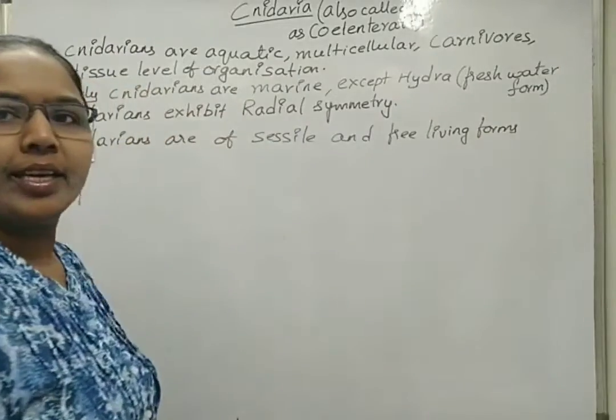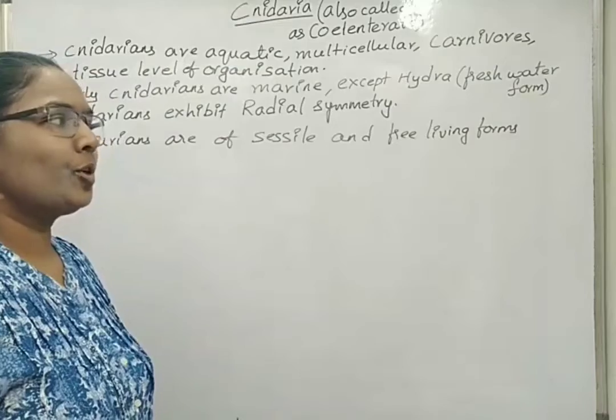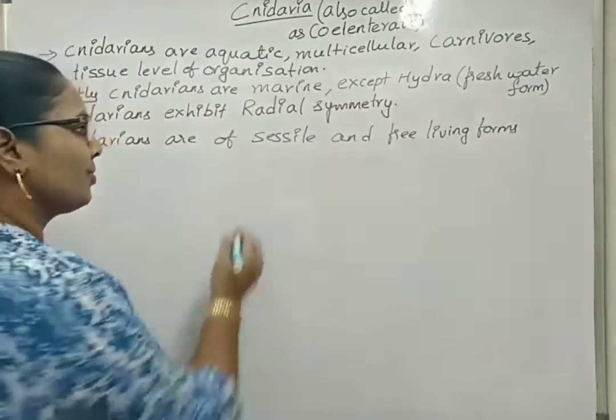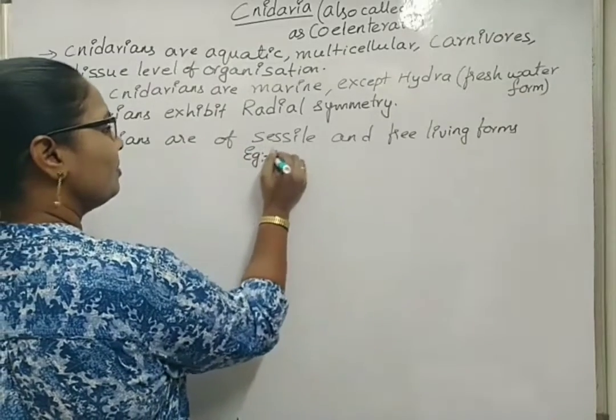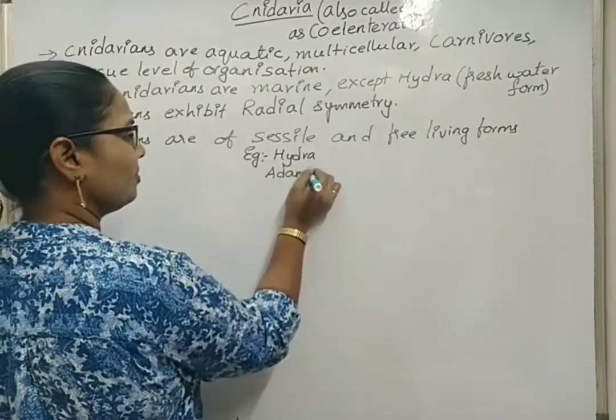Under sessile, we can write examples like Hydra and Adamsia. Under free living forms, we can write jellyfishes, which we also call Aurelia.